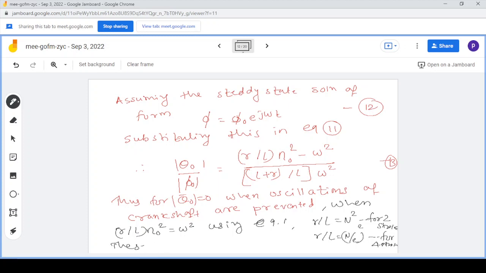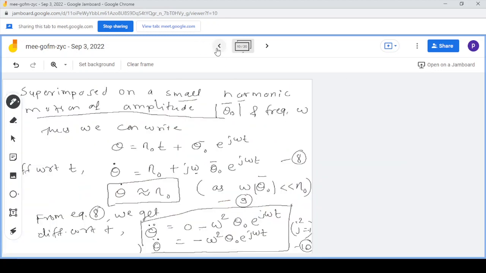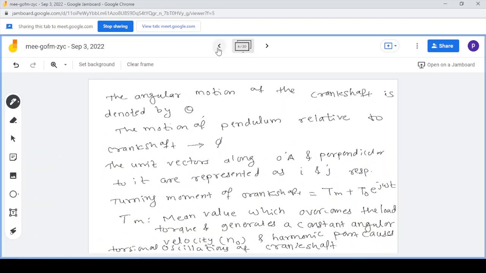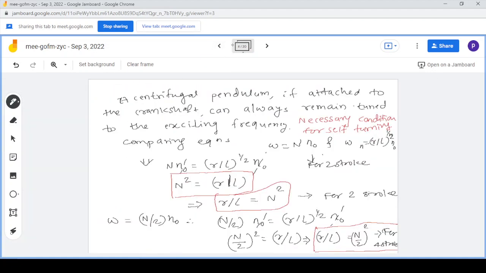So these are identical with expression 3. Now what is expression 3? These two are nothing but expression 3, this and this.